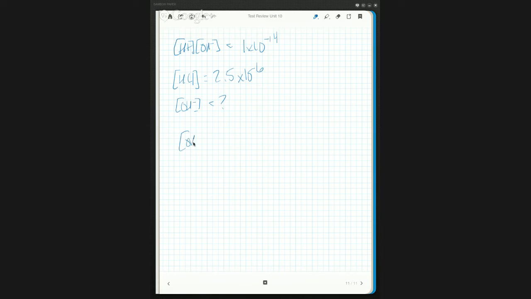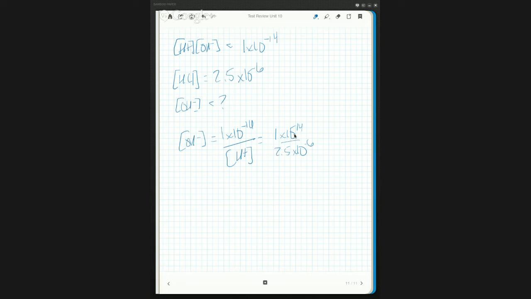So the OH minus is going to be equal to 1 times 10 to the negative 14th divided by the H plus, which means it is 1 times 10 to the negative 14th divided by 2.5 times 10 to the negative 6th. Now this is not a pH question at all. It's just asking you for concentration.